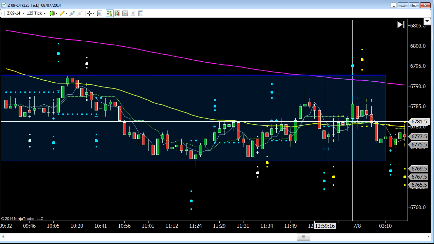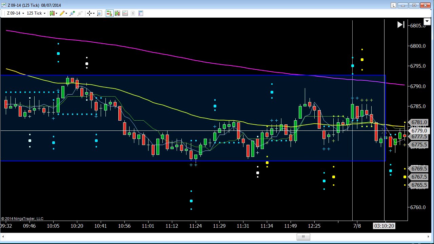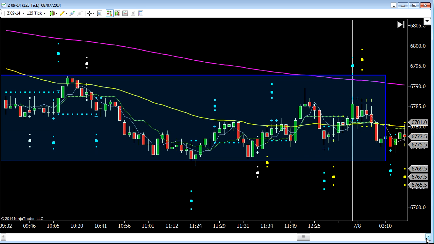And so the idea now is that it's started to go a little bit flat, and we would like to see some direction before taking some more trades. And this is really what I try to make clear with trend jumper, is that I feel that if the market's trending, if the market is directional, that's what trend jumper's trying to take advantage of, and so that's what we want to see.